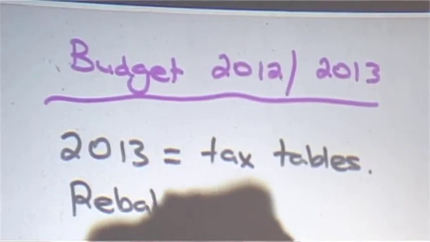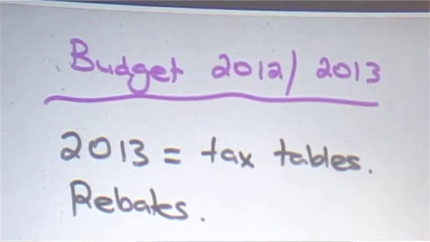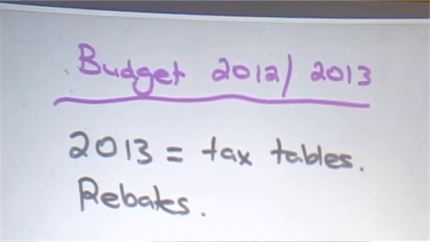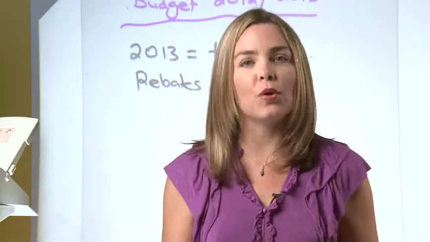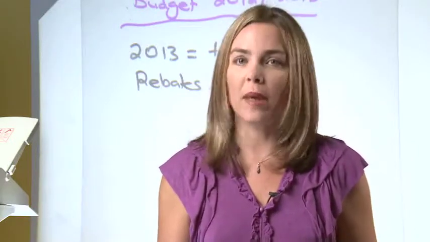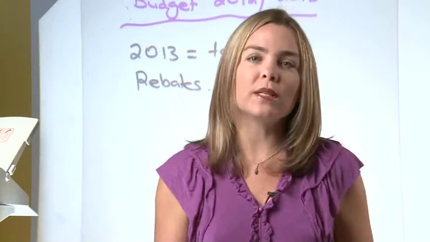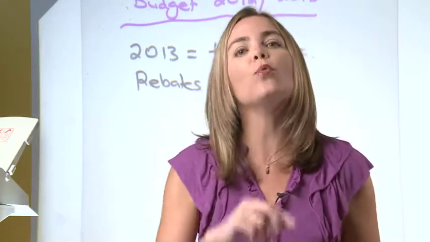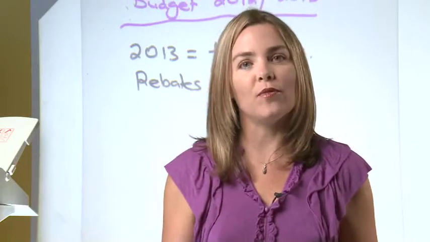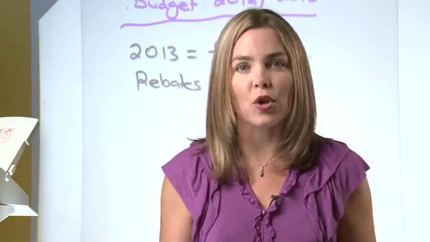Now remember, not only do our tax tables for individuals change every year, but we will see that in his budget speech, Minister Pravin Gordhan also announced to us the new rebates that will apply for the 2013 year of assessment. Remember, for individuals, the 2013 year of assessment will start on the 1st of March and will run through to the 28th of February 2013 next year.